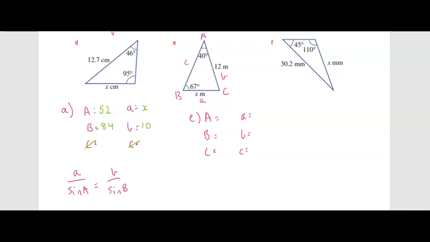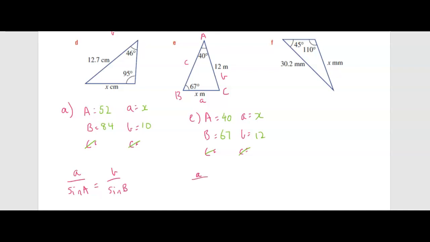You might think, oh, so much rewriting. Why doesn't she just go straight to the question? It's up to you. I think it's better to make sure you get things down correctly, and we don't need the C's. So I'm going to be using A and B just like before, but I could have been using B and C or A and C. It all depends on how I labelled my triangle.